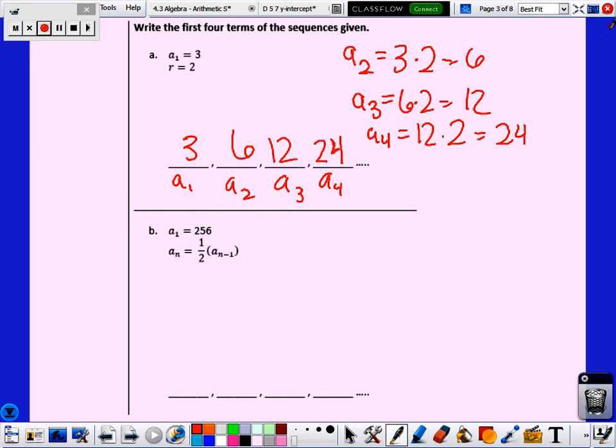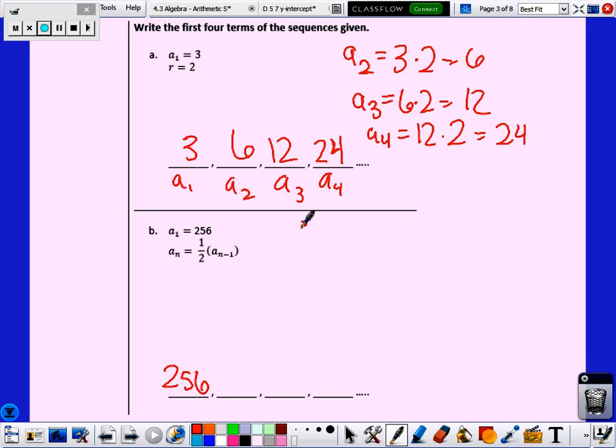Okay, let's do example 1b. We're given the first term is 256. Let's write that on our first line. We need to find the next three terms. Well, they give us a rule. A sub n is 1/2 of a sub n minus 1, which is our previous term.